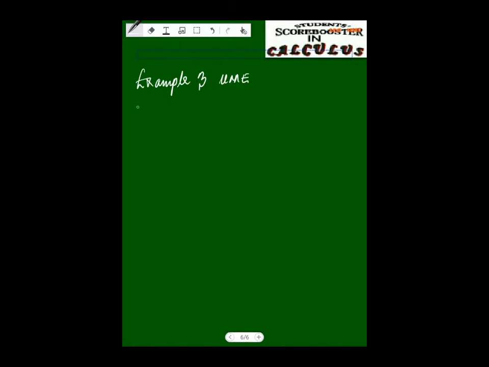So the question is, find the integral of sine x plus 2 dx. You can see this is a simple one. So what is our solution?